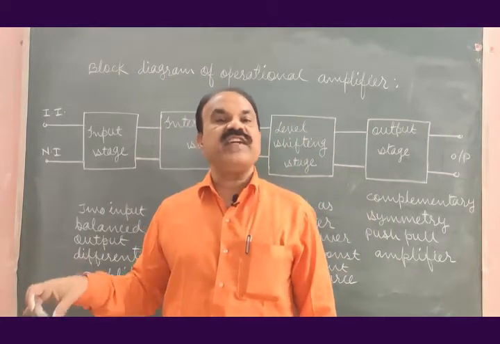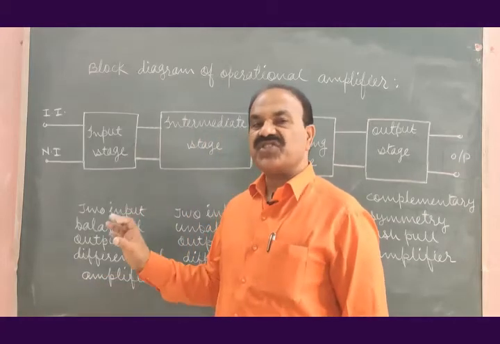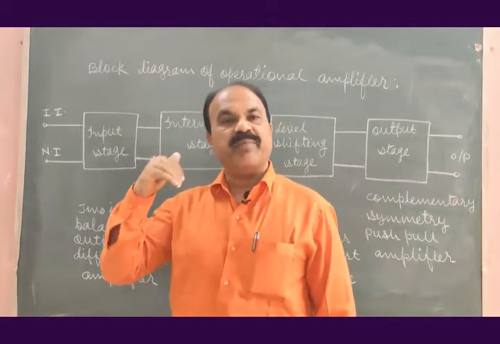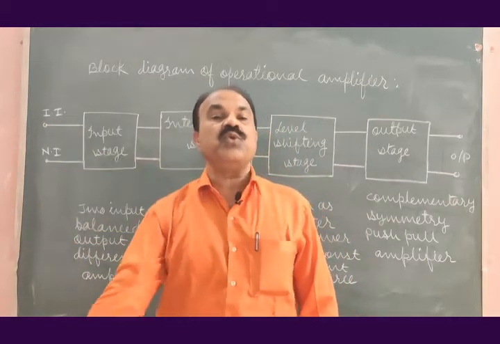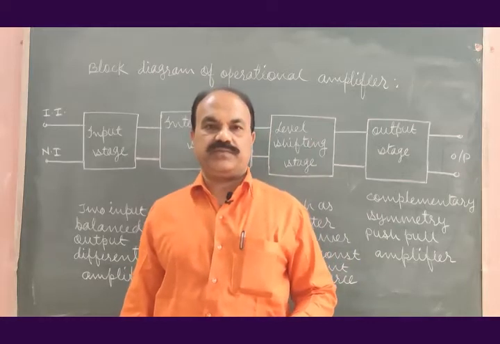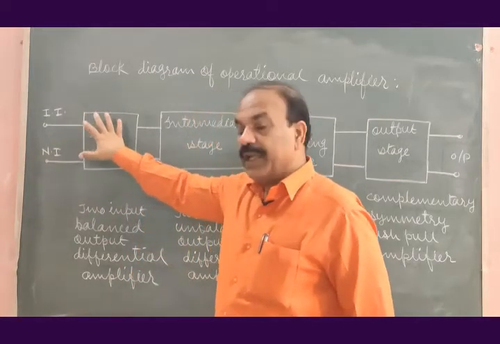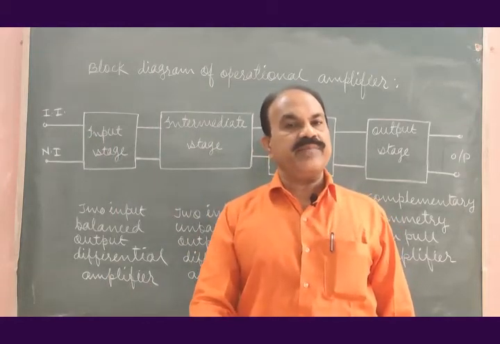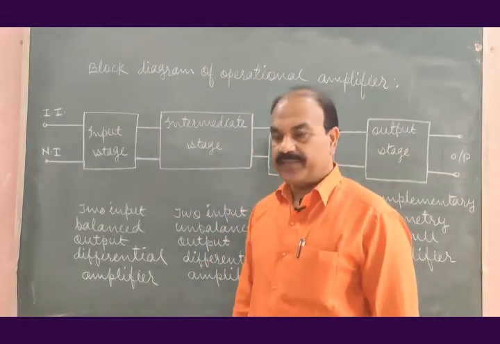If MOSFETs are used for construction of this differential amplifier, the input impedance is still increased to a very large value, and therefore input stage is very important in operational amplifier.